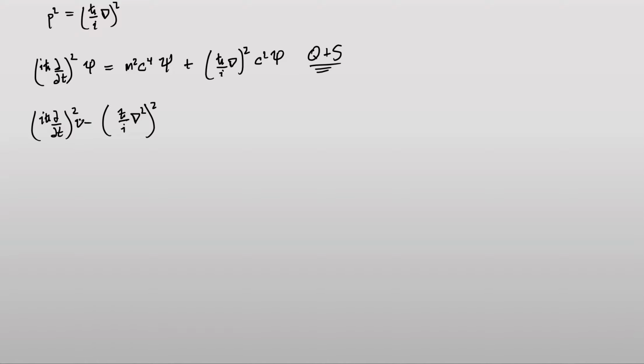These guys have to operate on wave functions. And then we have our c squared here operating on a wave function. And this guy's going to stay on this side of the equation for right now.